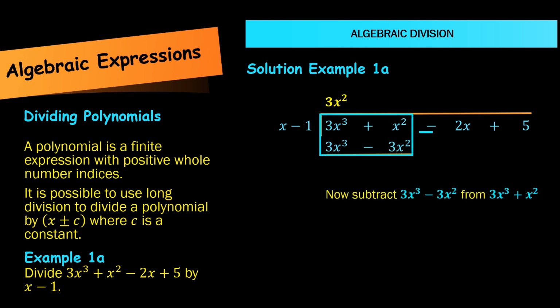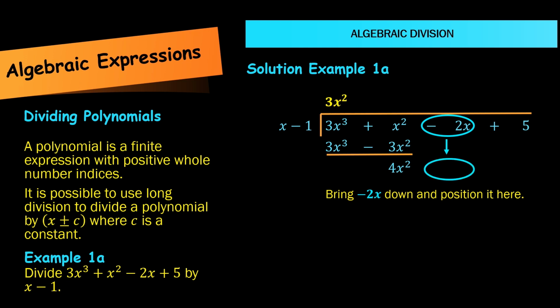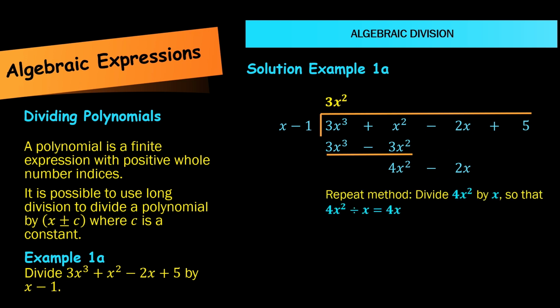Next, subtract to give 4x squared as shown, and bring the minus 2x down and position it here. Then repeat the method.